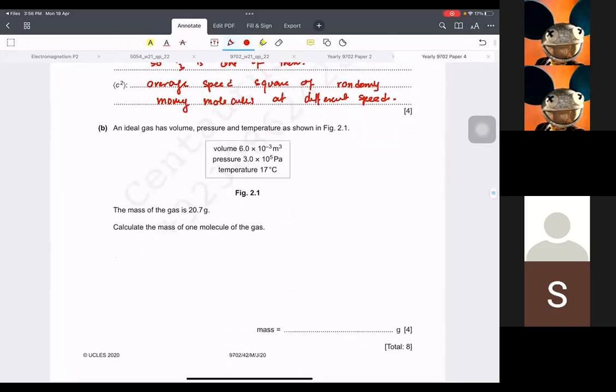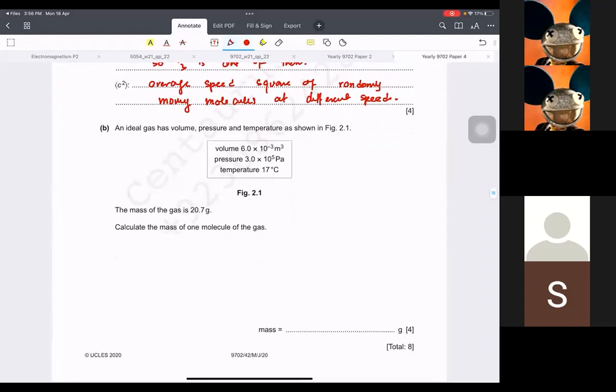Yes. Okay. Now, the mass of gas is this. Calculate the mass of one molecule. So first of all, we want to find how many molecules there are. PV equals NkT, k is 1.38 times 10 raised to minus 23, and the temperature is 17 plus 273, which is 290.